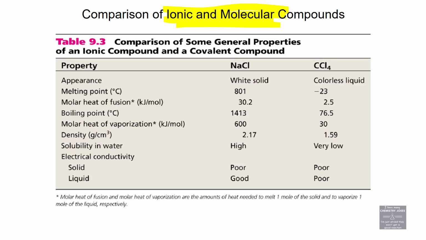Ionic means metal plus nonmetal, and molecular means nonmetals only. So this compound is nonmetals only. This compound is a metal and a nonmetal. Hopefully we remember who are metals and nonmetals on the periodic table, but we can go back and revisit.